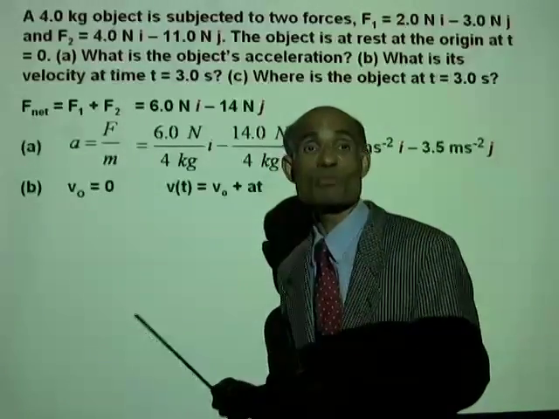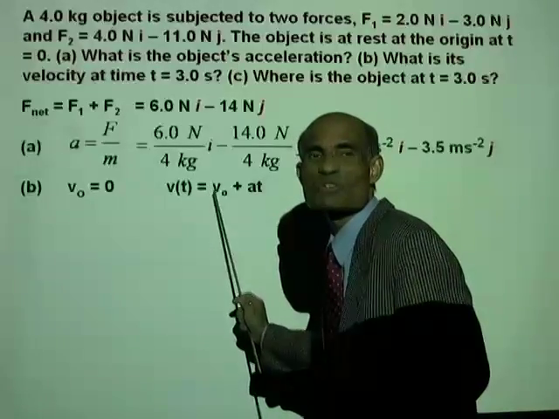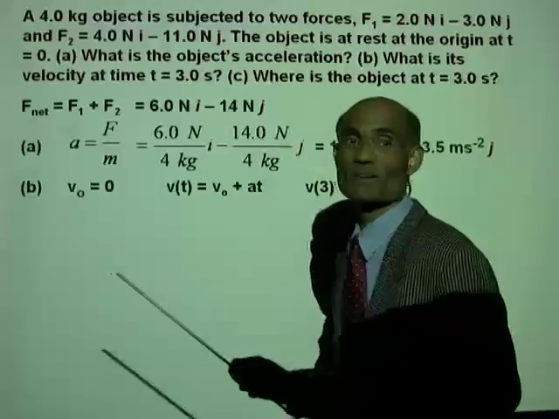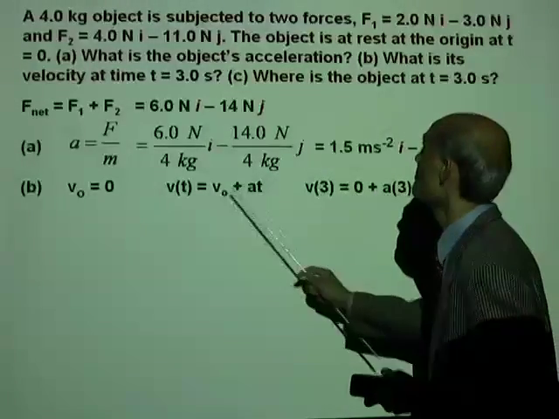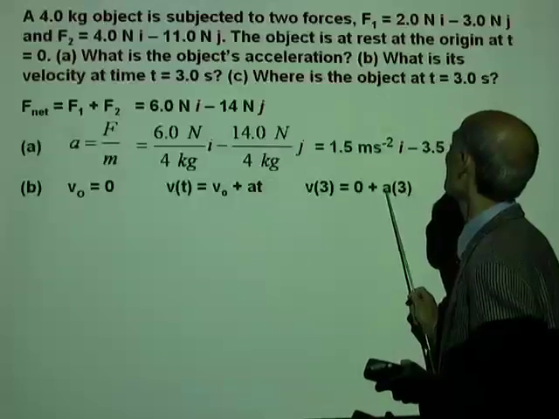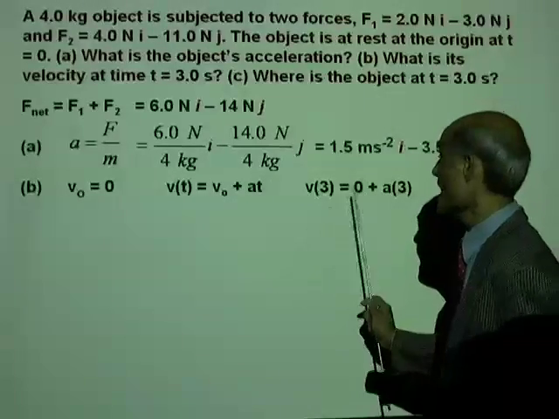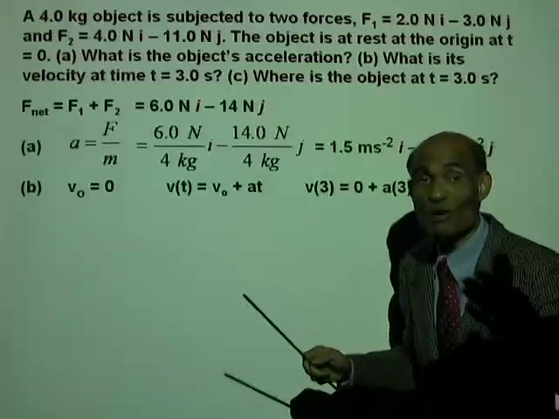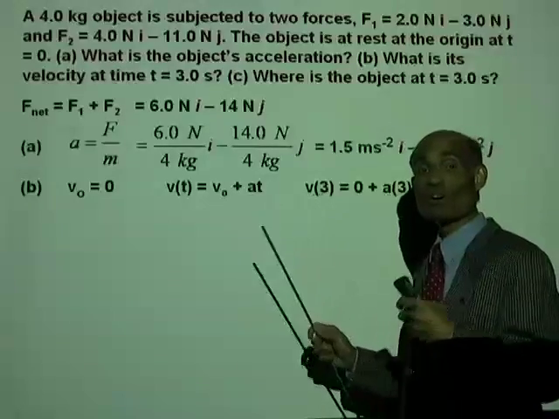v0 equal to 0, and we're going to use vf equal to v0 plus at. Now, v of 3 is v0, which is 0, plus a times 3. Now, v of 3 has an x component and a y component. What does v of 3 stand for?